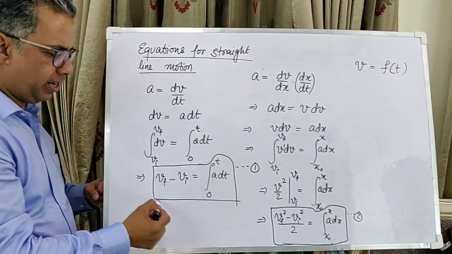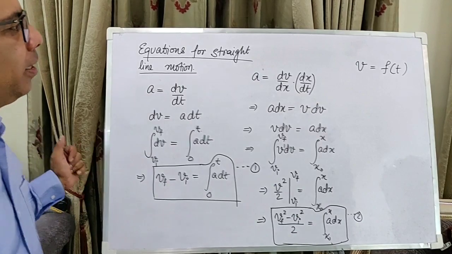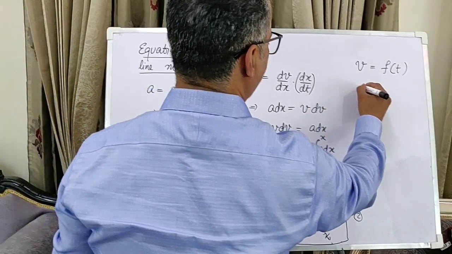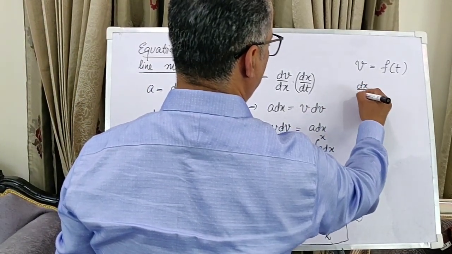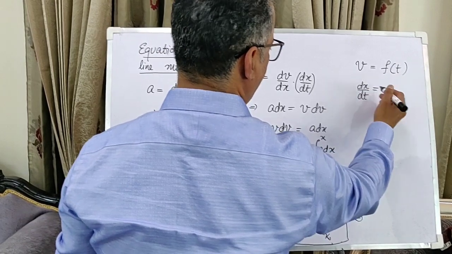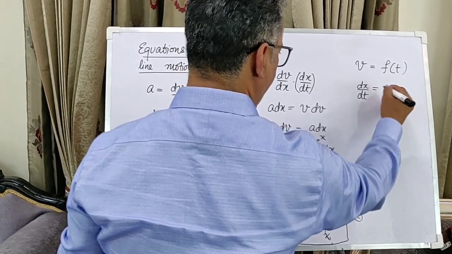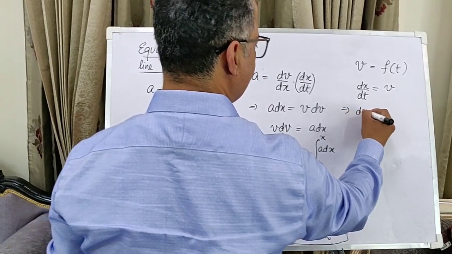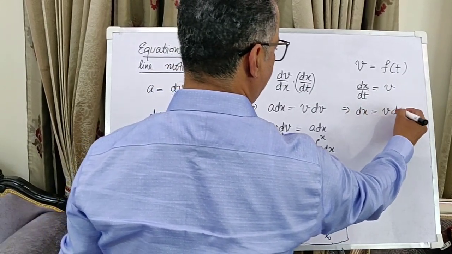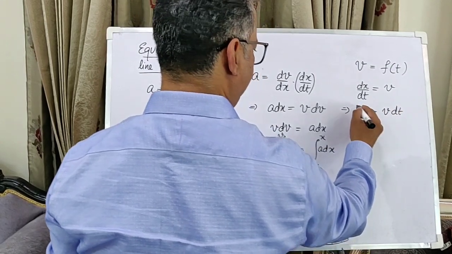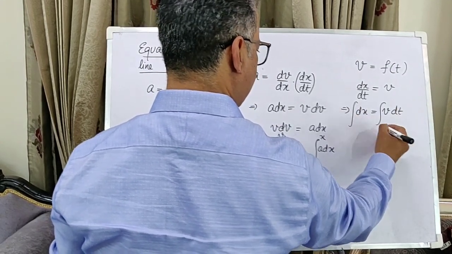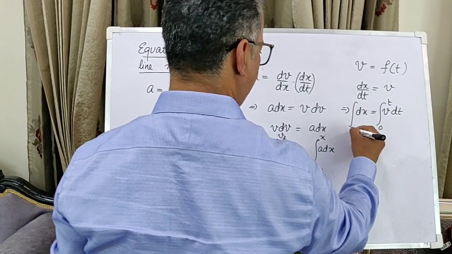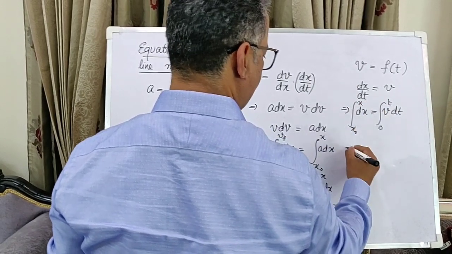Usually that will happen here from the first equation. Now v of course is dx by dt, and that is equal to v. Take this dt onto the right hand side. Dx equals v dt, and then we integrate both sides of the equation. 0 to t, x naught to x.